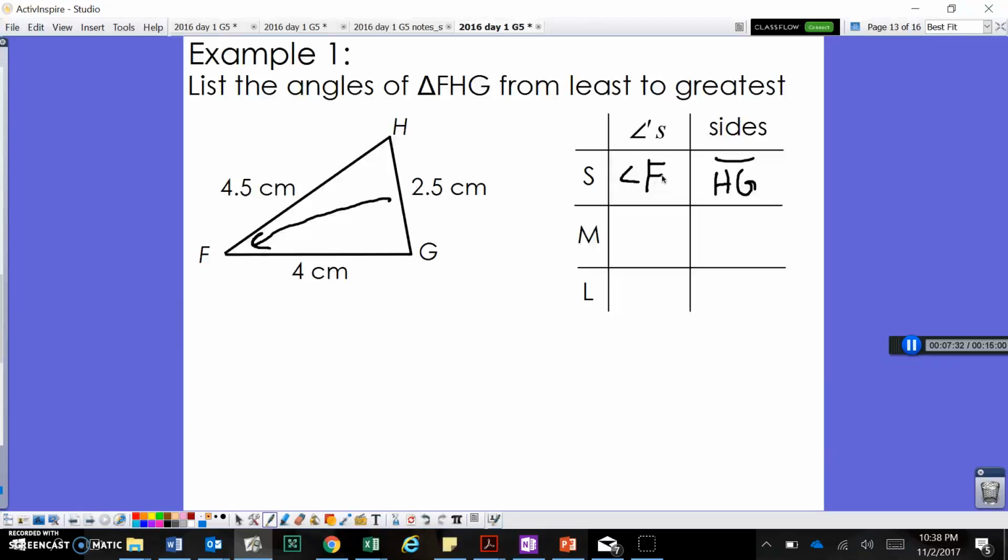Our medium is side FG. Draw an arrow, so angle H will be our medium angle. Our largest side was FH, and that means our largest angle will be angle G.